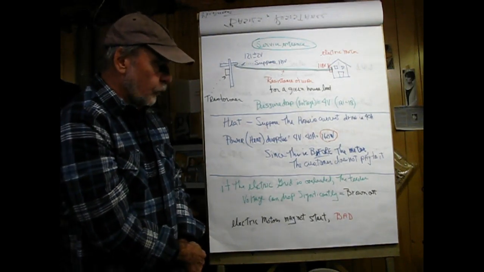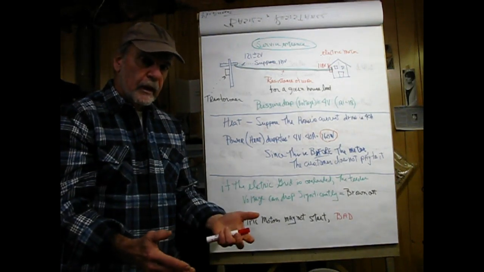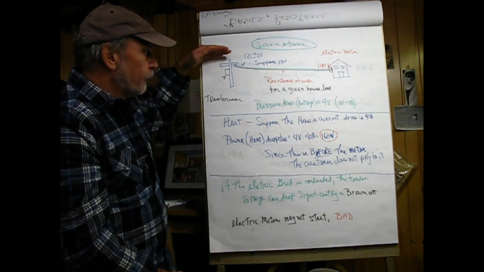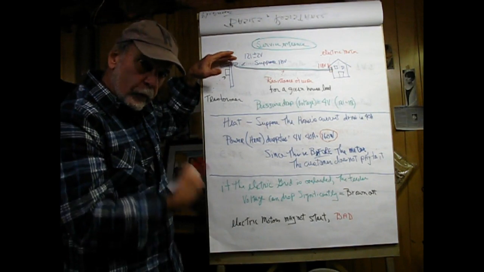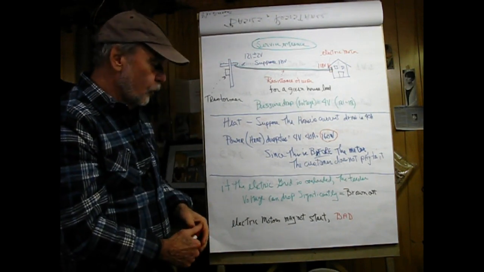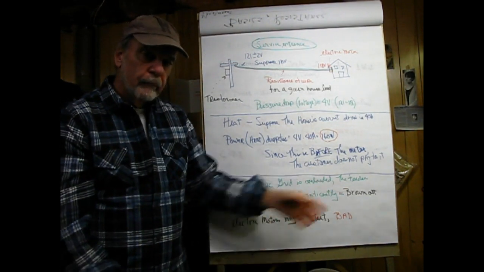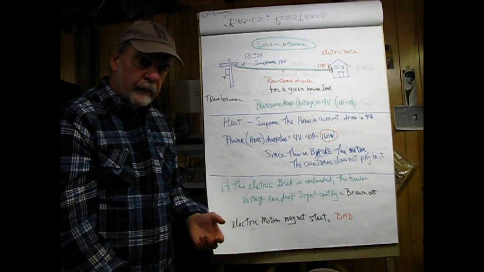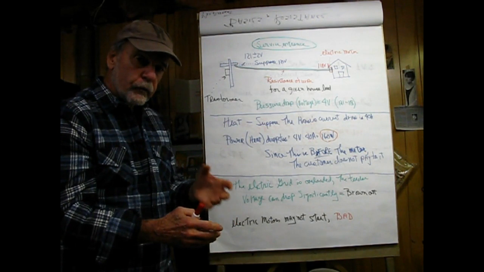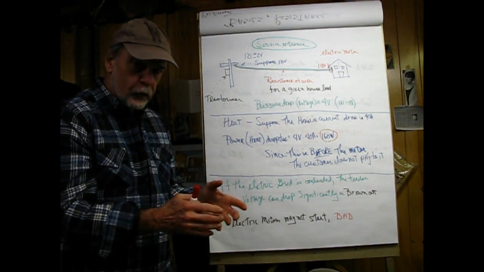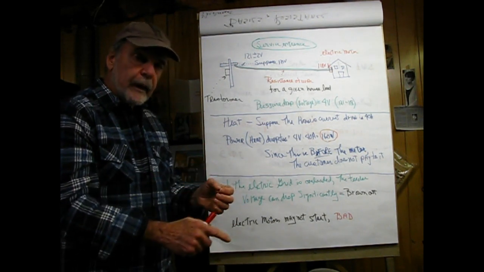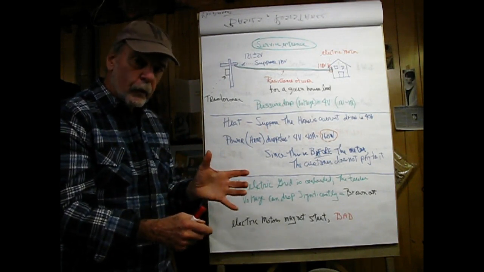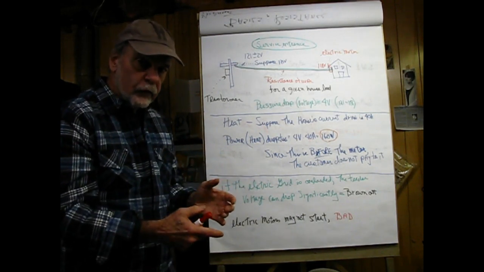If the electric grid is overloaded, that is, say, in the summertime and everybody comes home and turns on their air conditioners, the actual feeder voltage of the grid can drop. And if it drops too far, that's referred to as a brownout. And the problem with that is that a lot of motors may not start. If they have starter windings, there's coils and or capacitors in it that allow for that motor to get started, and then a centrifugal switch kicks those starting components out and the motor runs.